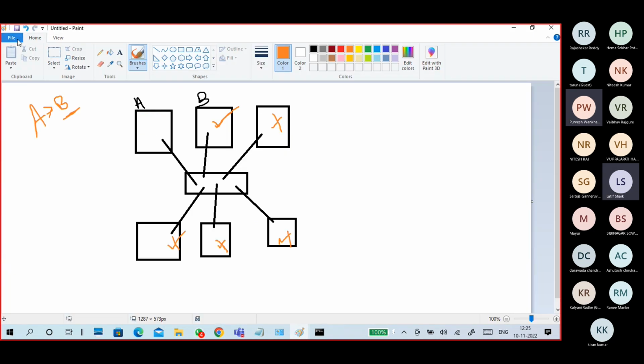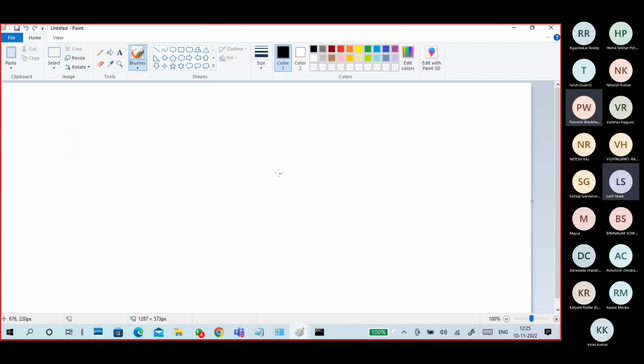In real time, how it is connected is difficult to tell, but this is our home, this is our home router. I have switches, devices, everything in between this connectivity.